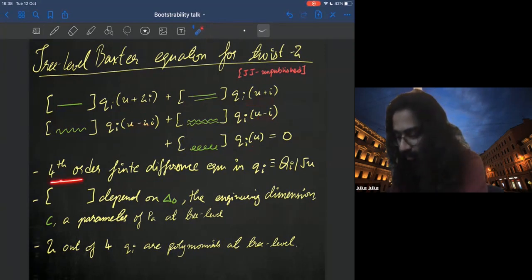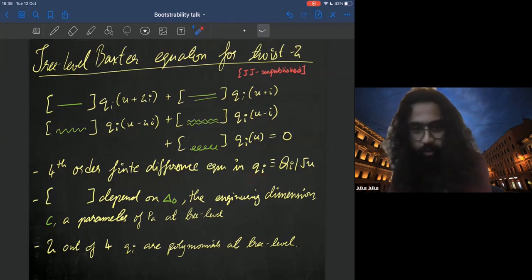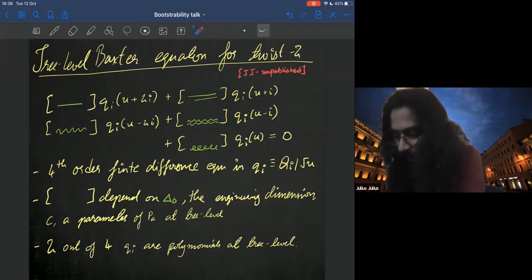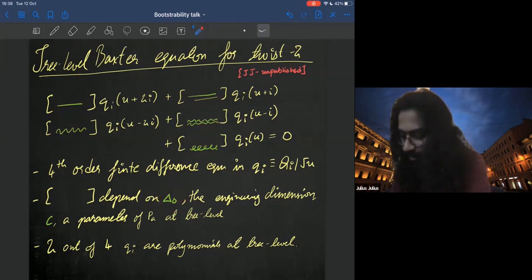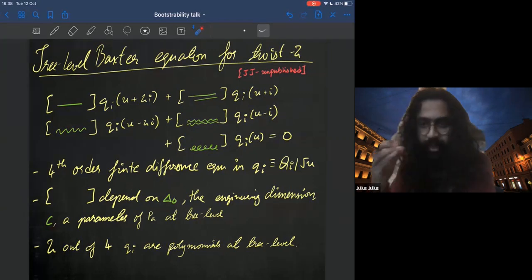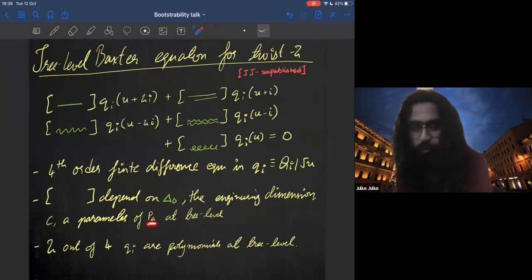So basically, it's a 4th order finite difference equation for a function Qi, which is nothing but the Q's which I showed you on the previous slide, just divided by square root of u. These coefficients depend only on delta naught, which is your engineering dimension, and C is just some parameter of one of the P functions at tree level.